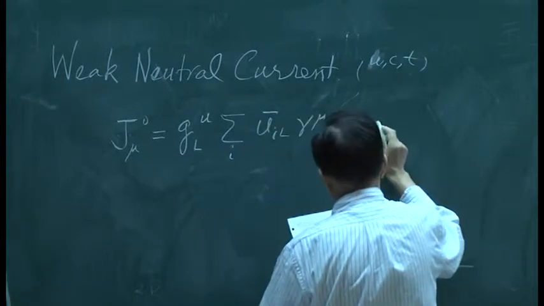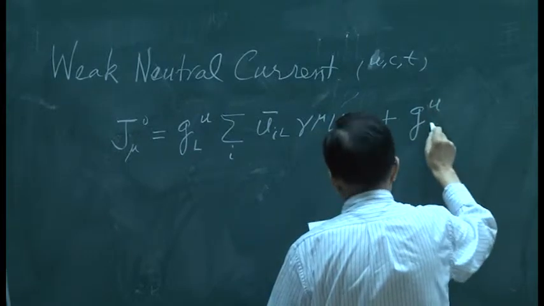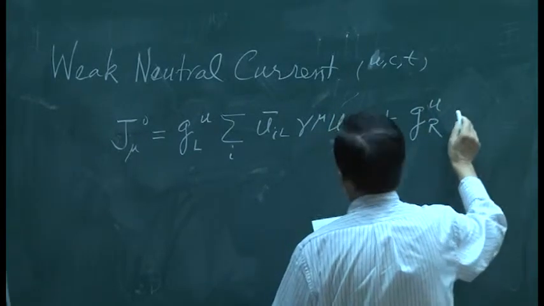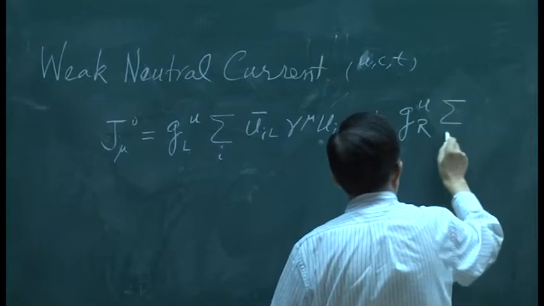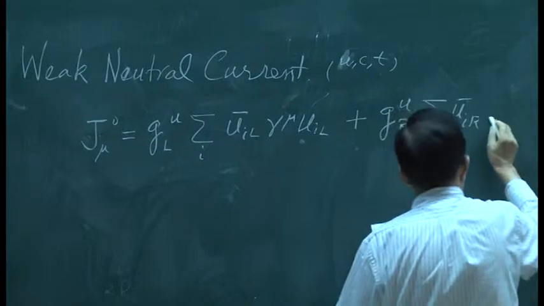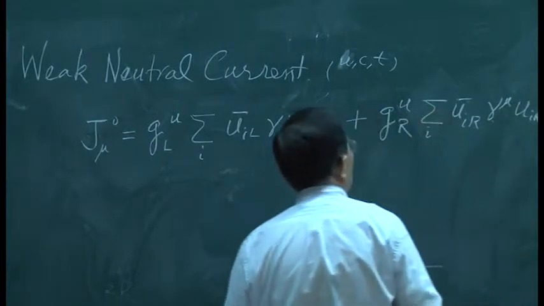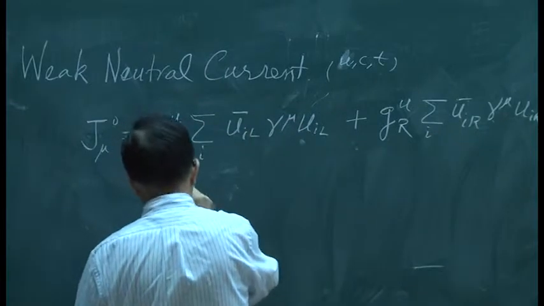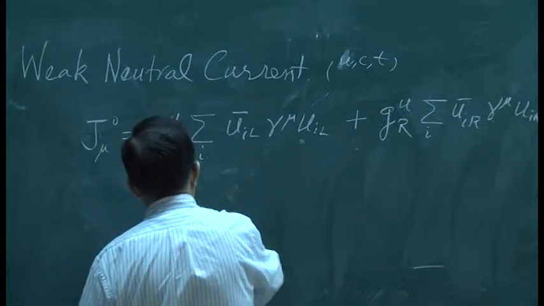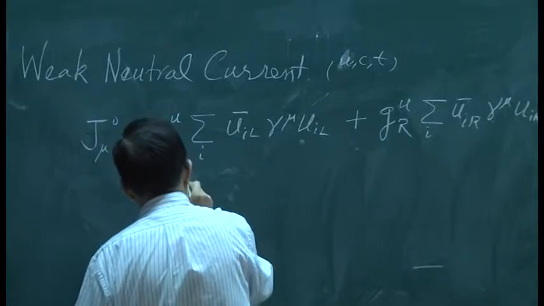And also you have the right-handed, and then you have the same similar thing, u_iR gamma mu u_iR. And then you have similar d.